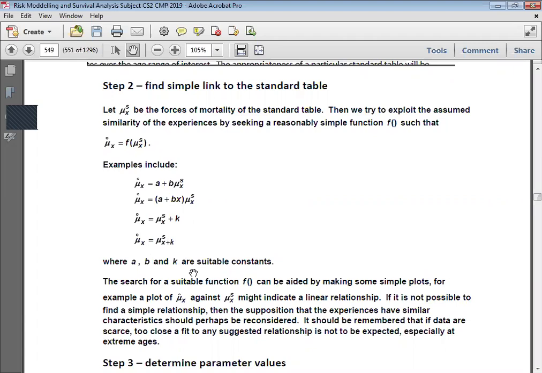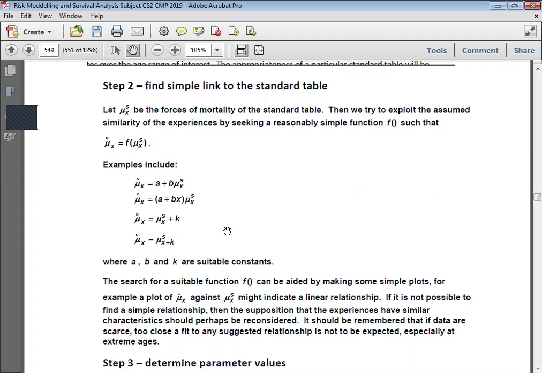You might see that the standard table rate for 24 suits well for 26. And this is not only for that one particular age, but also for the other x's. So this sort of pattern continues. These are just examples. You can try to fit other sorts of relationships.